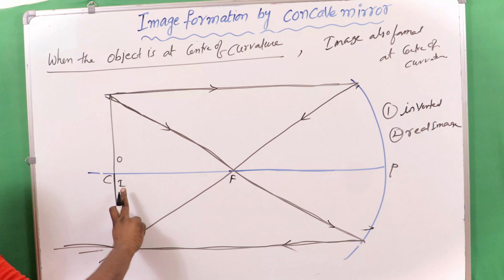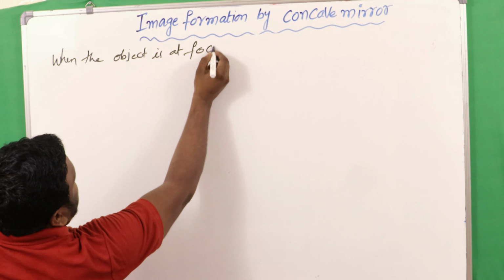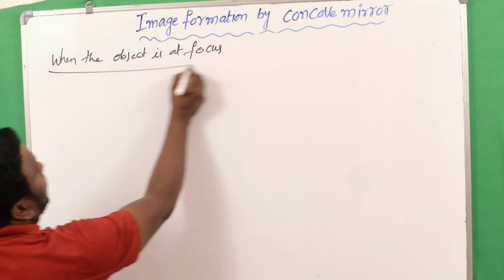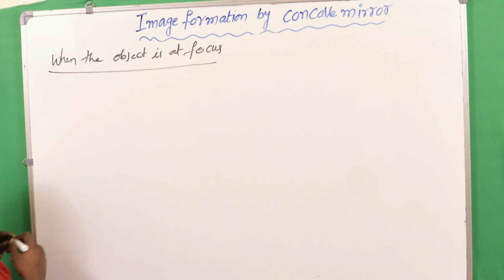This is another diagram. Another situation: when the object is at focus, where will you get the image by the concave mirror? Let's see.